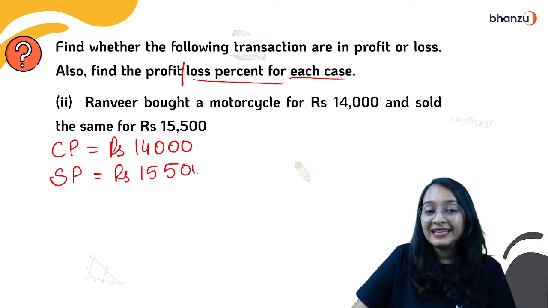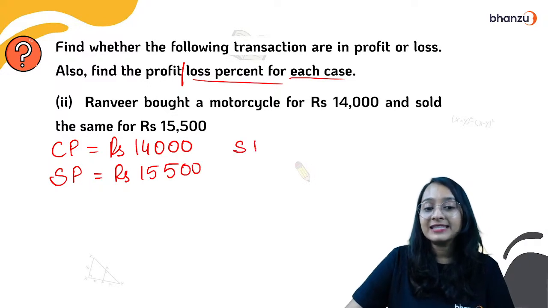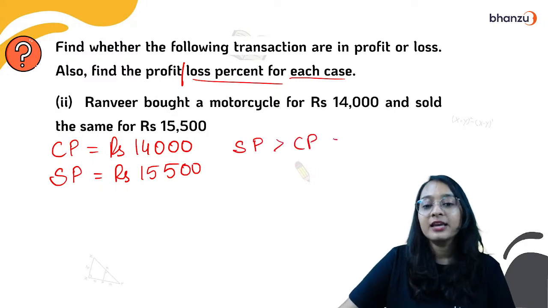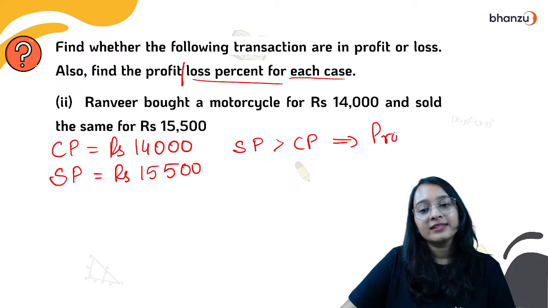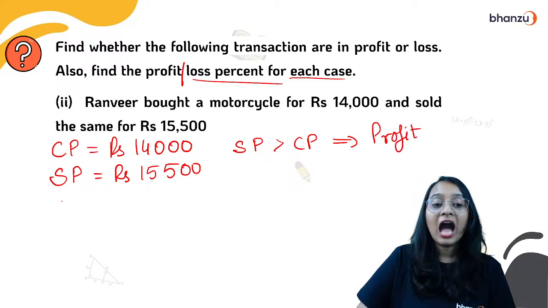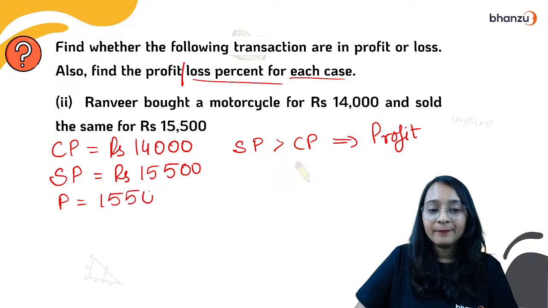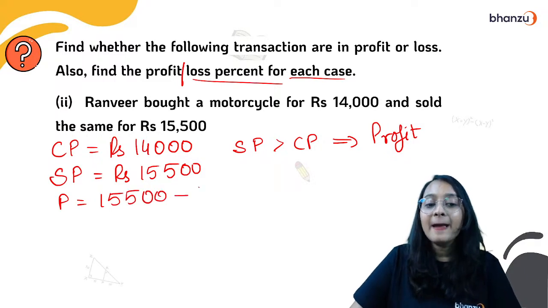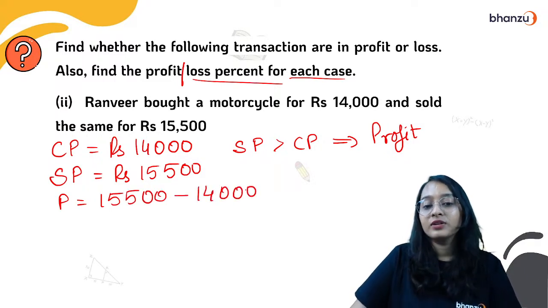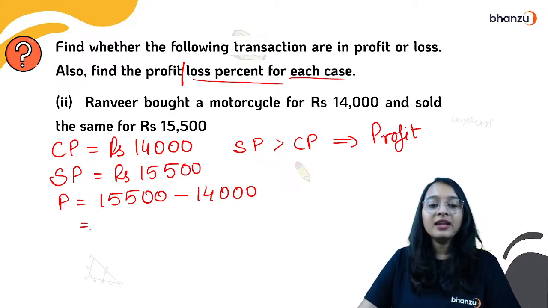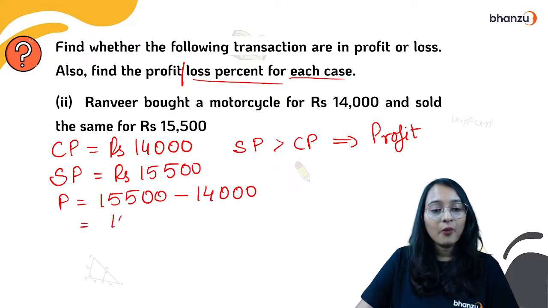So clearly your selling price is greater than the cost price. So what does that imply? He has got a profit. How much profit? That would be given by selling price 15,500 minus the cost price, which is 14,000. All right. So what is that we have here? 1500.